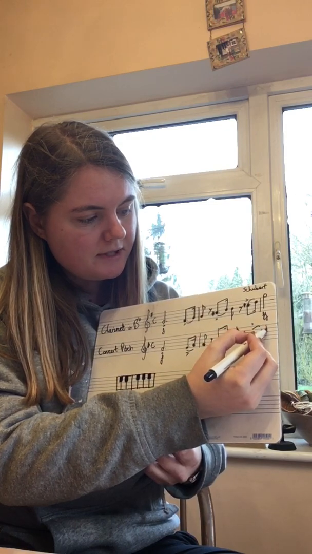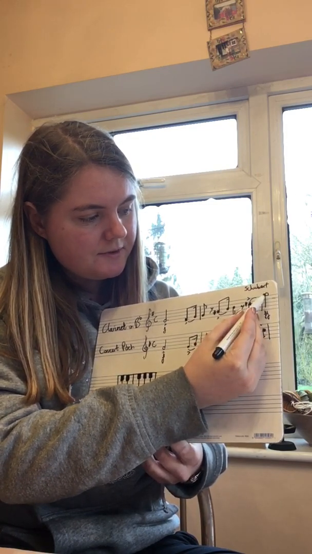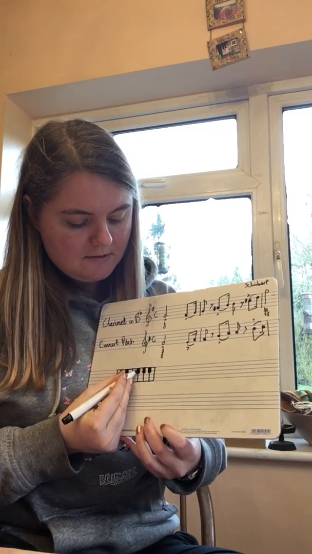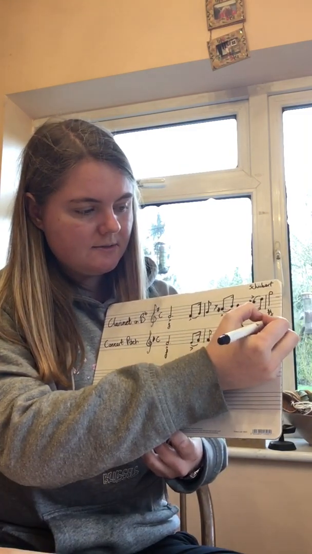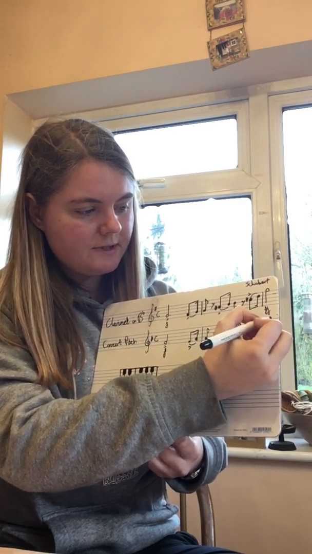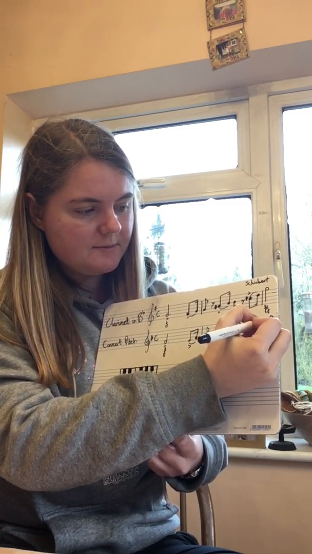And now we have a big jump. So we might want to think, oh, G, down 2 semitones. Here's our G. 1, 2, leads us to an F. Ooh, a poorly drawn F. That's better.